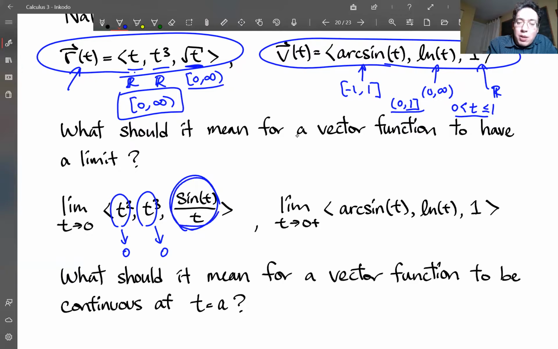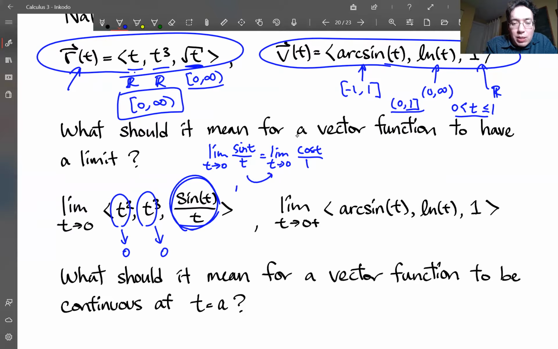The limit of this other component is a little bit more difficult. Maybe you remember L'Hopital's rule from Calc 1. If you have a 0 over 0 situation, so if I just plug in t equals 0, I get 0 divided by 0. When you have something like that, we can take the derivative of the top and bottom and then plug in 0. The derivative of sine is cosine, and the derivative of t is 1.